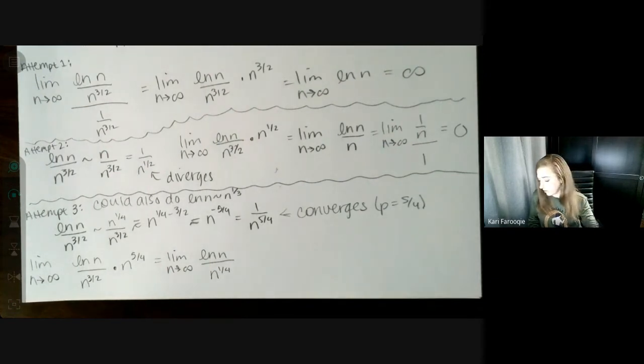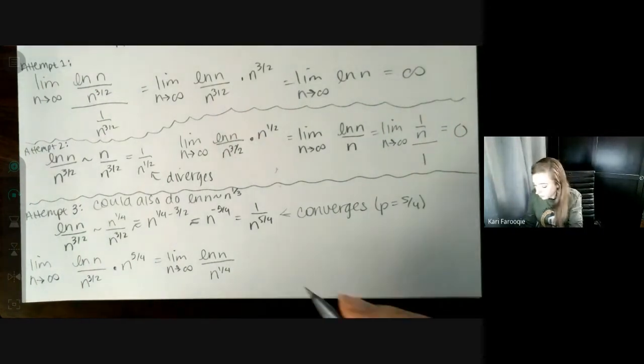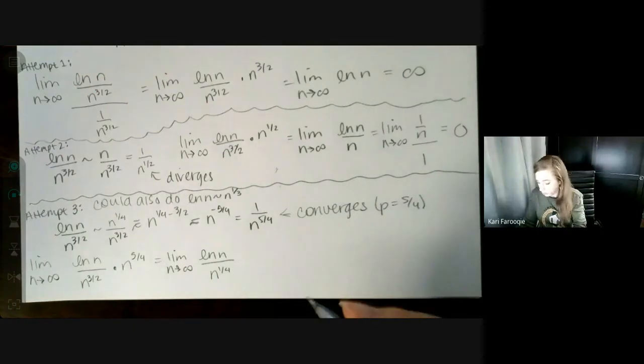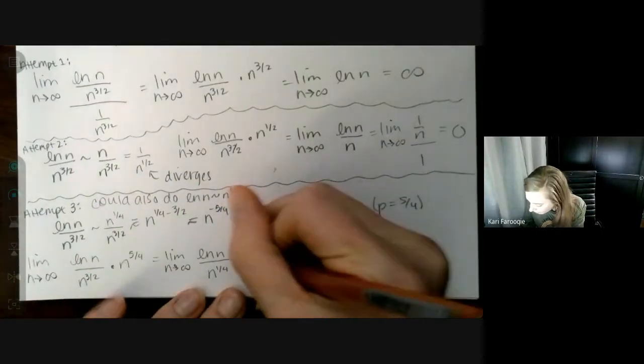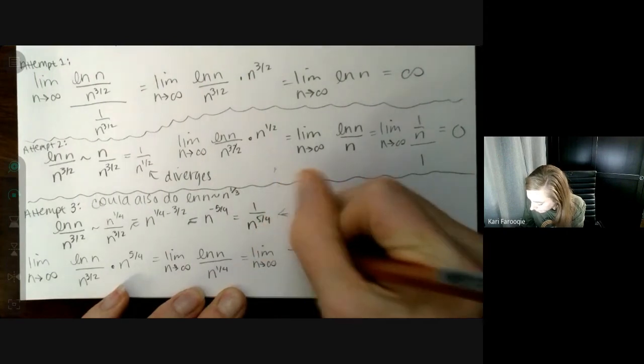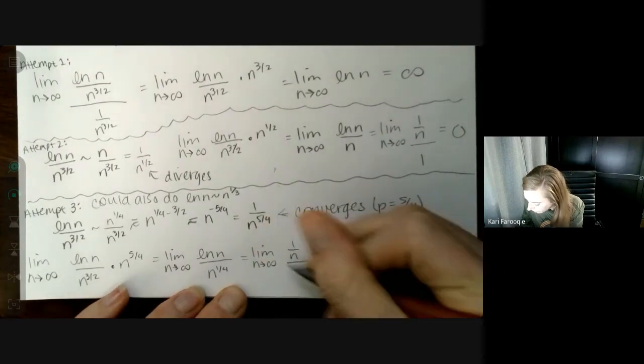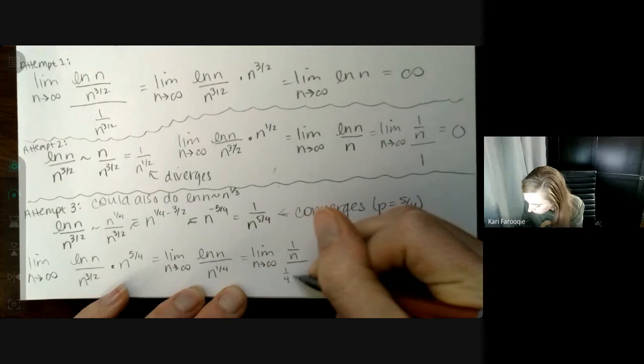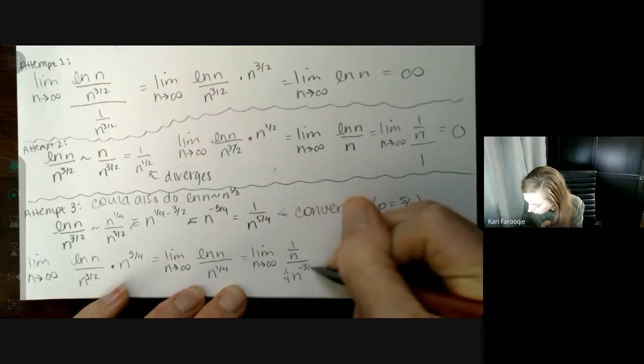Wonderful. And then you can use L'Hopital's rule here if you would like. Again, you could consider growth rates of functions. I'm going to use L'Hopital's rule because that's what we've already done. So get 1 over n, and then we'll have 1/4 n to the negative 3/4.